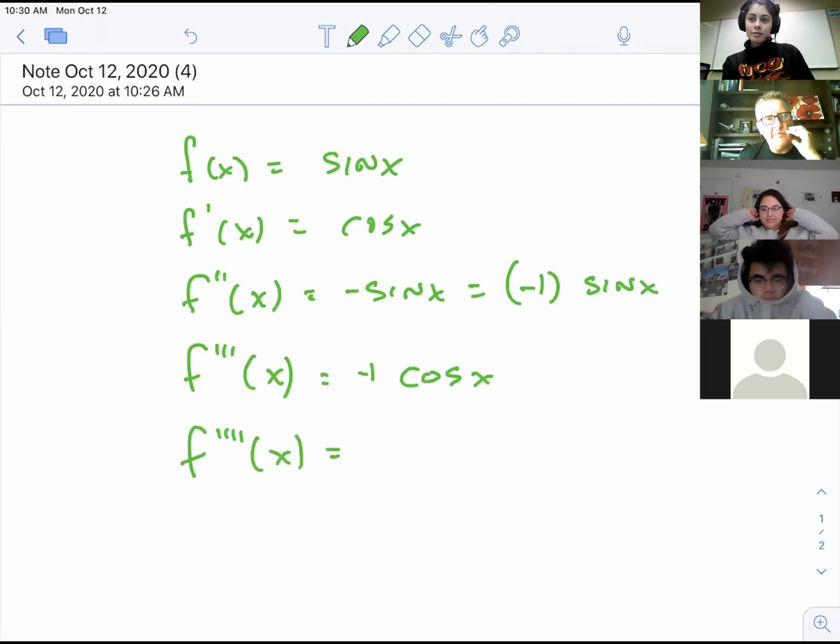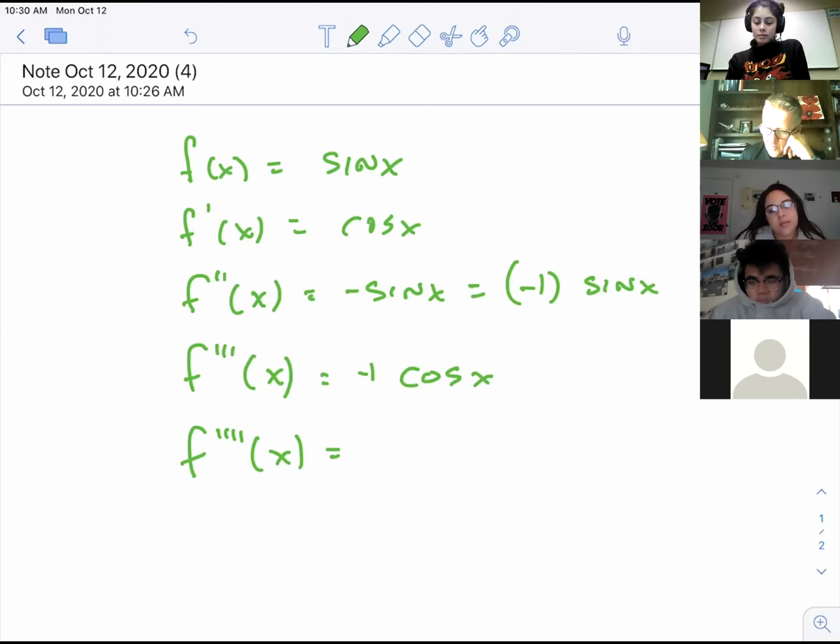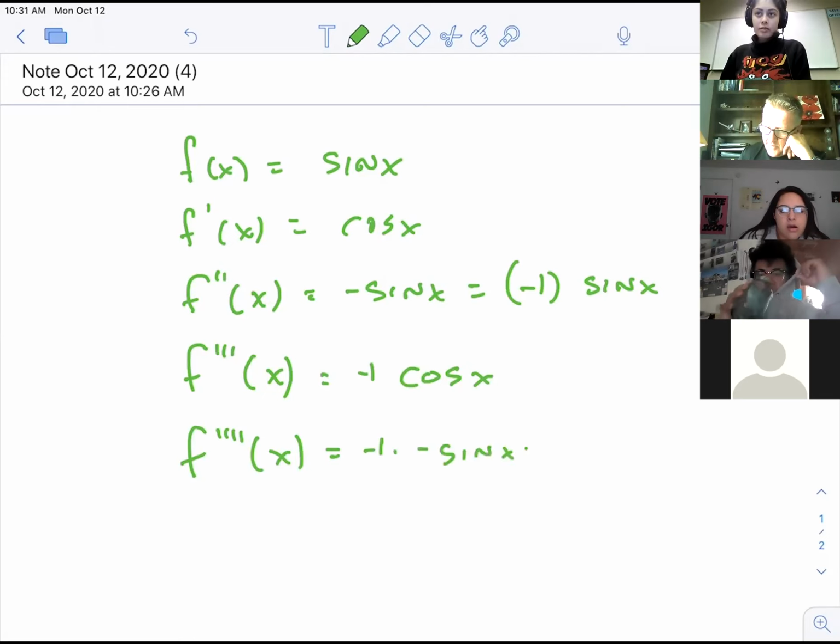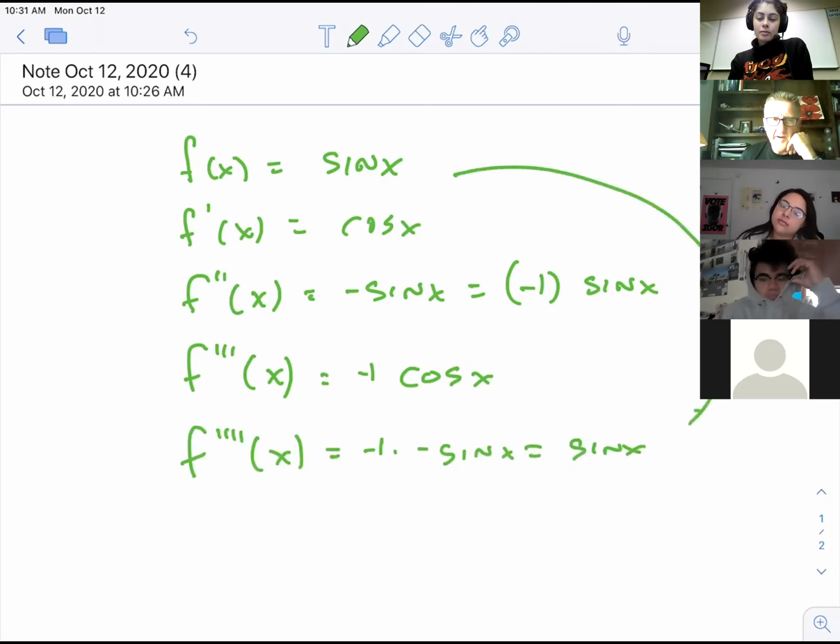Let's just take it 4 times. How about 8 times? How about 30 times? The derivative of cosine is negative sine, but then there's a -1 out there, so it's negative sine, which means you're back to sine again. In a sense, that's an interesting question, because if you take 4 derivatives, you're right back to where you started from. So does it make sense if you took 8 of them?